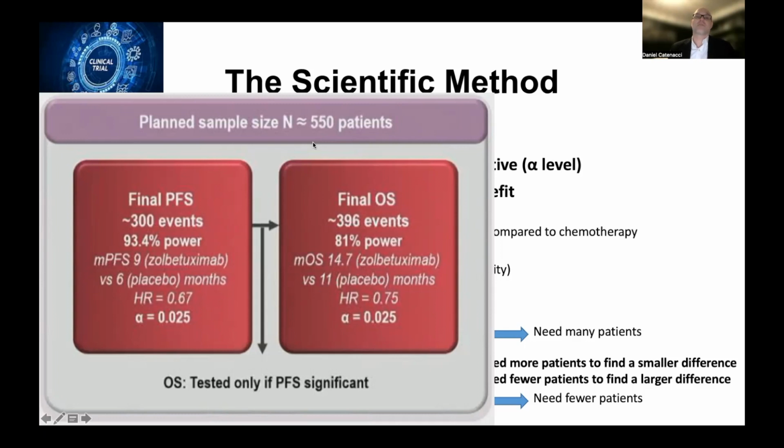That's how the number of patients to be enrolled to the study was derived. And so every study has these specific calculations beforehand that then, after the fact, if the result is observed and it makes the benchmark, then it's considered a positive study. If it doesn't, then it's considered a negative study.